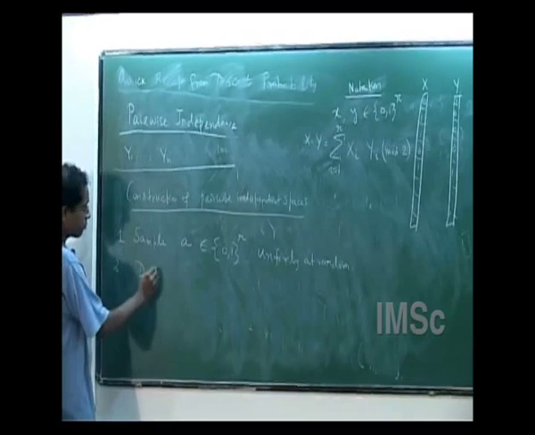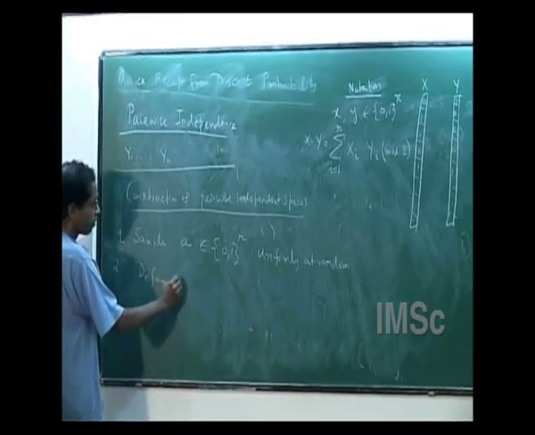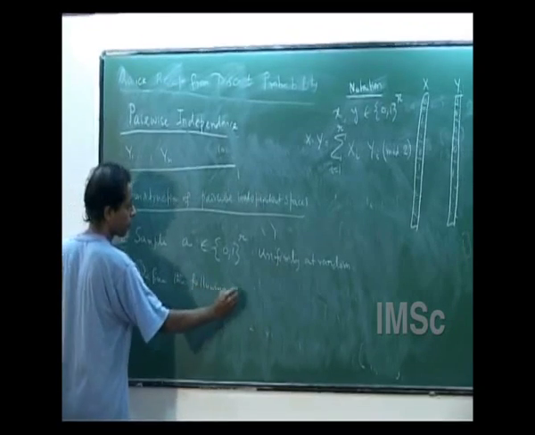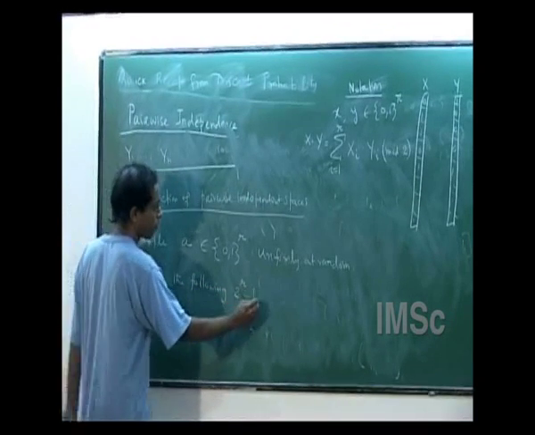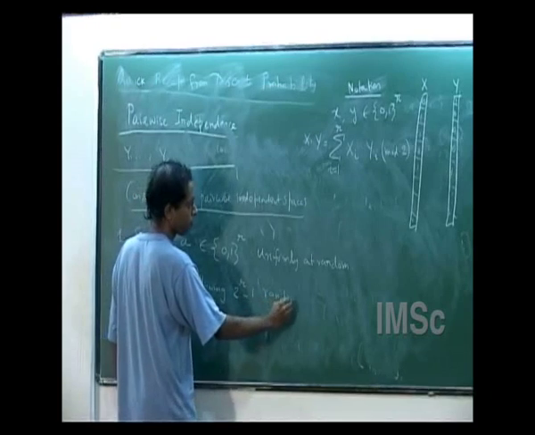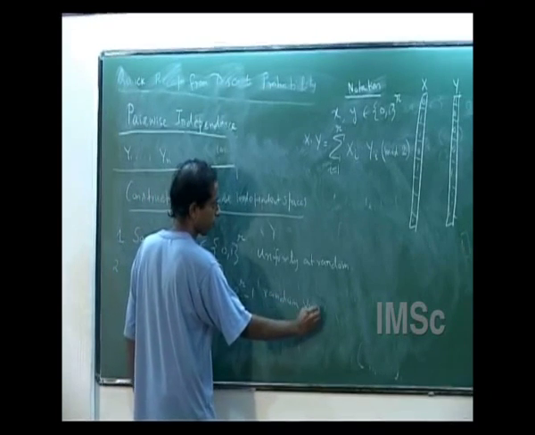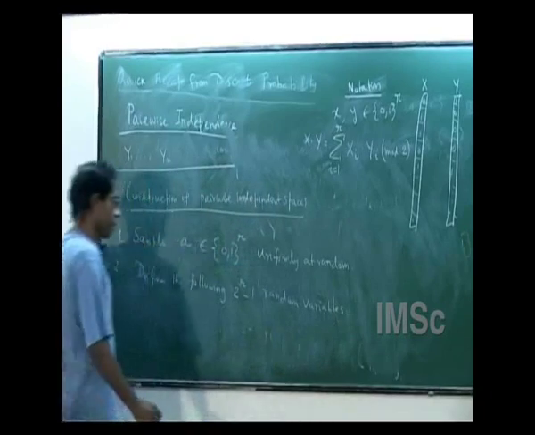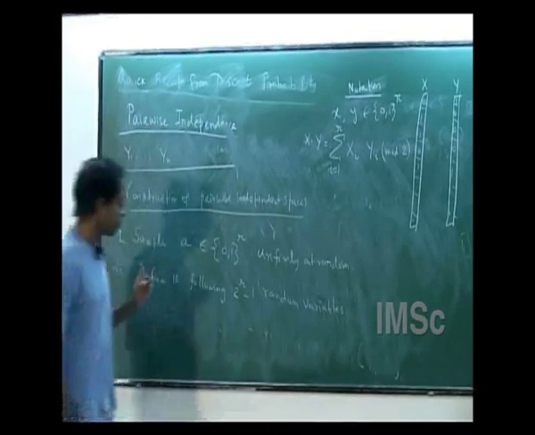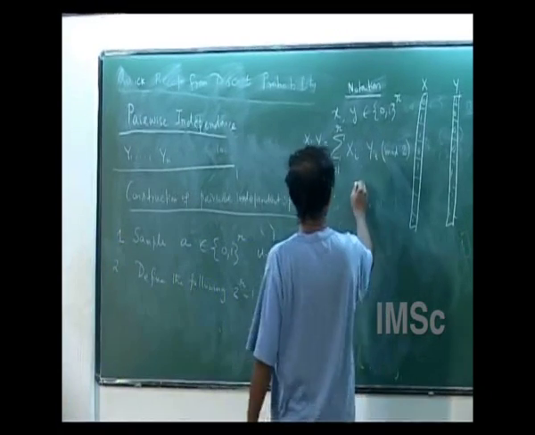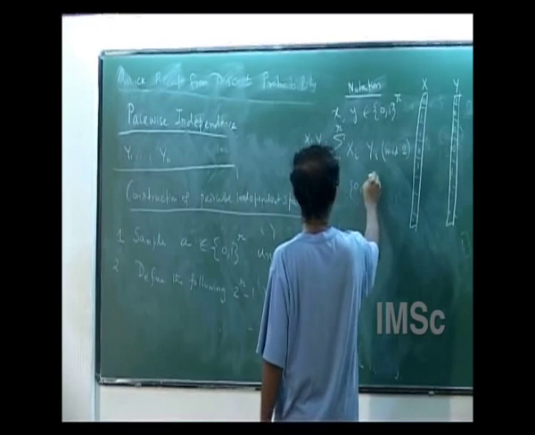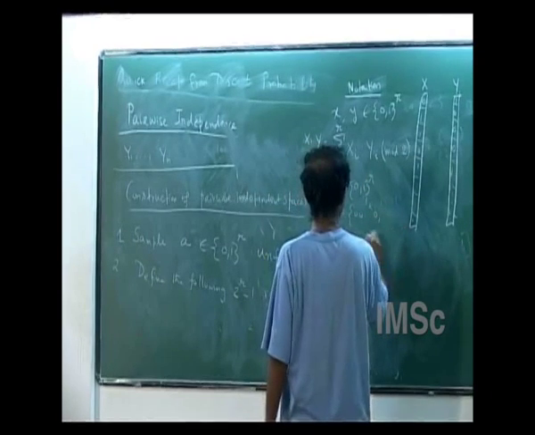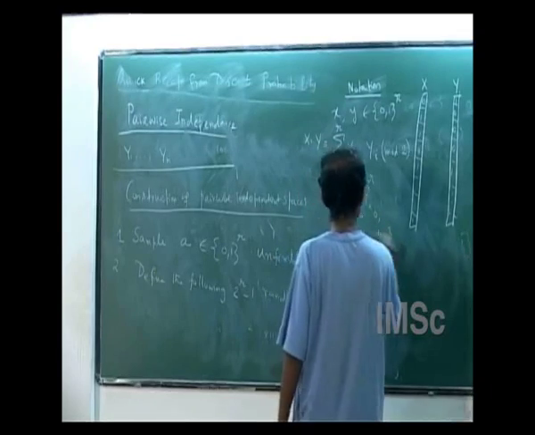Define the following random variables. Just remember that this is like all 0 string to all 1 string. There are 2 power r strings.